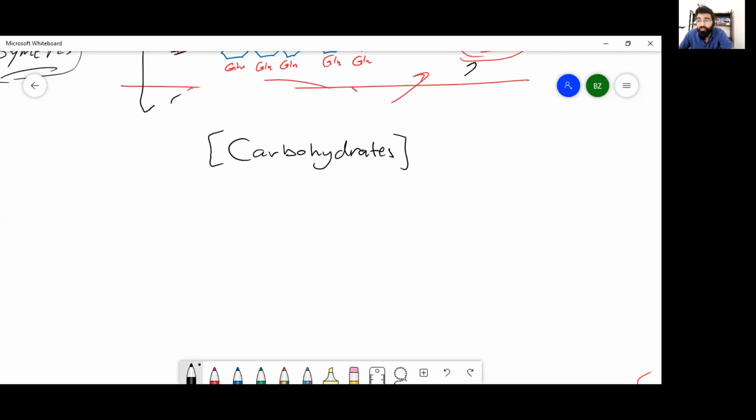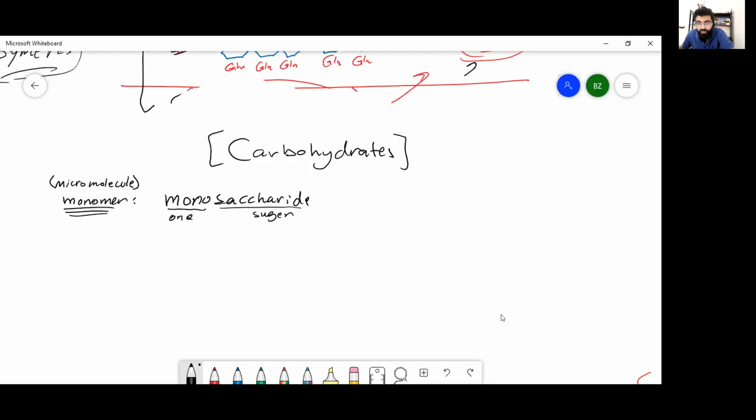What do we call the monomer of carbohydrate? We call it monosaccharide. Saccharide means sugar, and mono means one. So the monomer of the carbohydrate is the smallest unit.